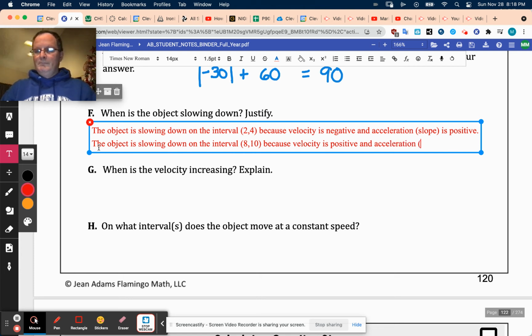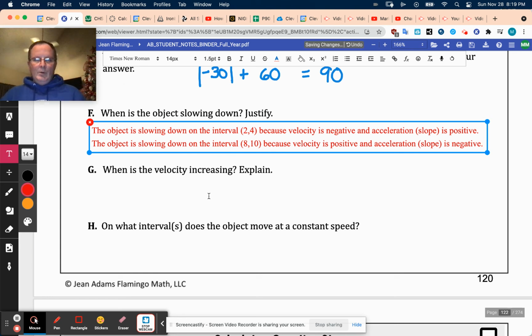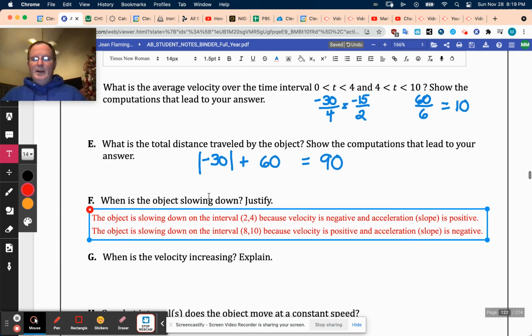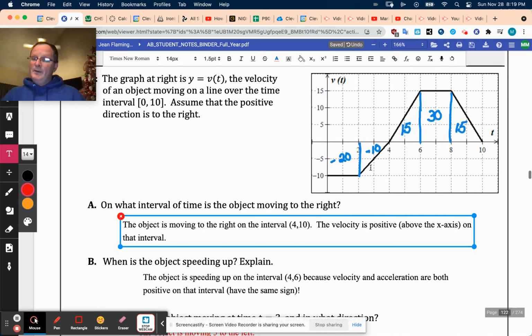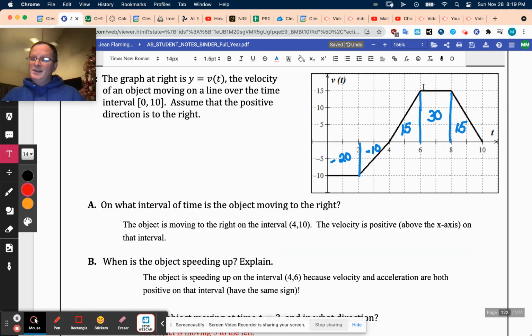Again, slope. Okay. And then it says, when is the velocity increasing? Well, velocity is increasing whenever your slope is positive. So my slope is positive from 2 to 6.